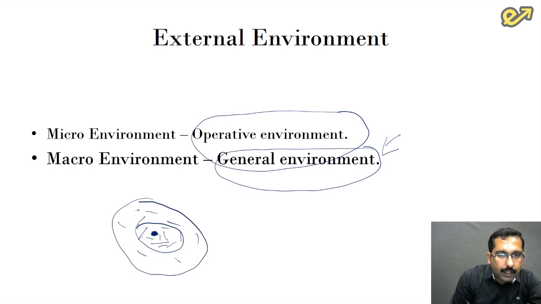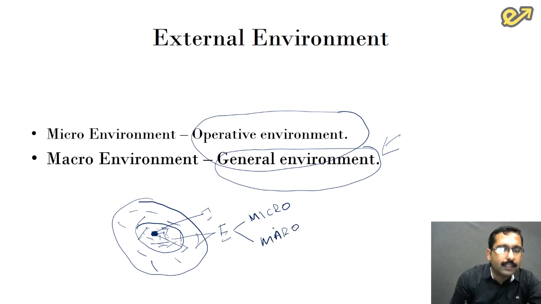So what happens here is that a business is here, and all that falls in the shaded area is what the business can control. Although the micro external environment is very close to the business, it has got no control, and on this part the business has got absolutely no control. So inside this, it is the internal environment. These two circles are the external environment. In the external environment, we have two parts. One is the micro environment and other is the macro environment. Hope you have understood the subdivisions now.